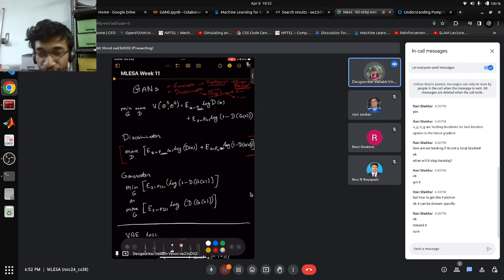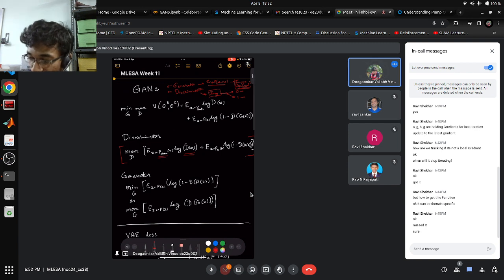This is very similar to your binary cross entropy loss, just that the terms here are slightly different. Here x is some data obtained from your data distribution.